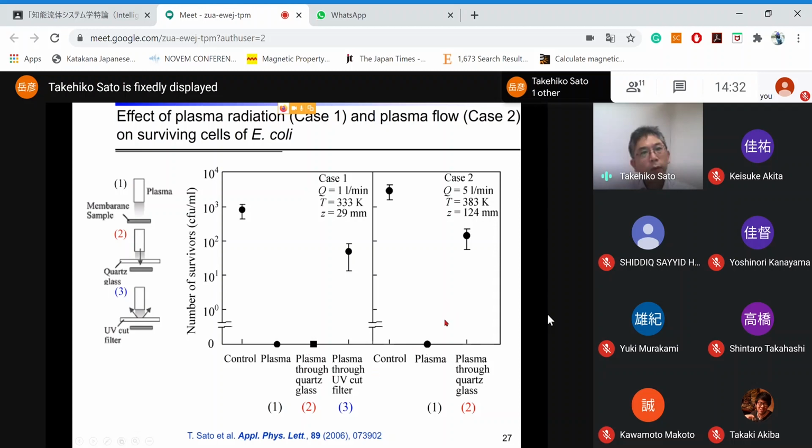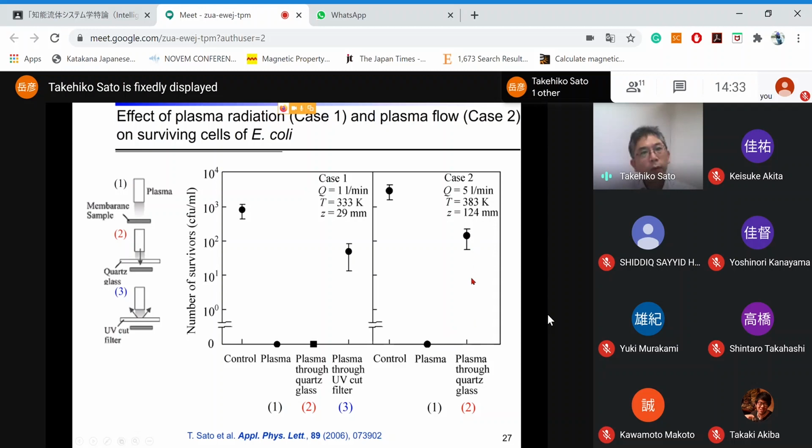And then we also check the plasma and the UV case. In this case, the distance is much farther from the sterilization position, so the light emission decreases.